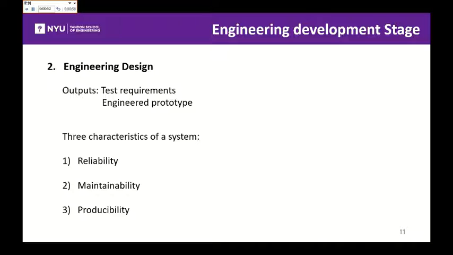Next, we should know that there are three characteristics of a system: reliability, maintainability, and producibility. So, to design and put forward the test plans for the 5G system, we should start with these three characteristics and the trade-off between them.